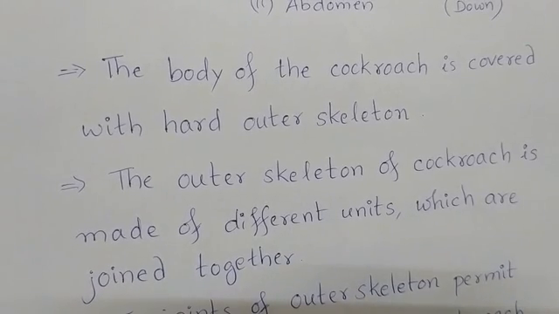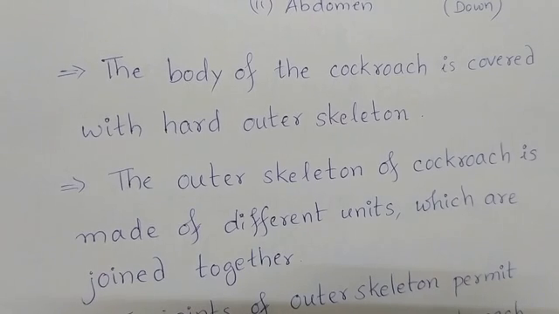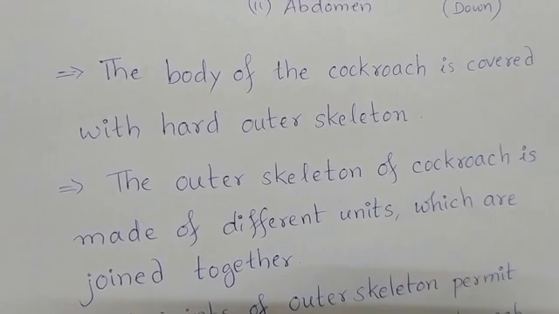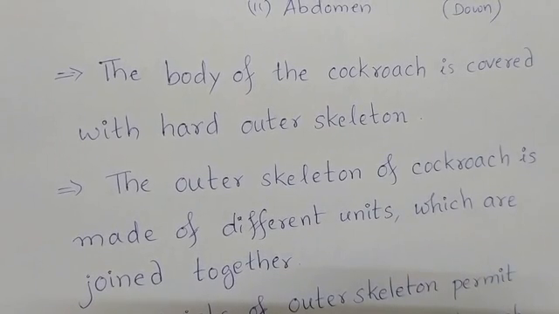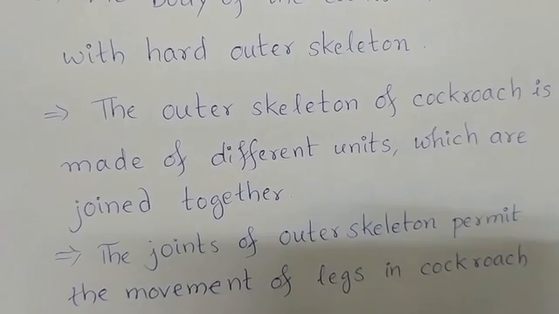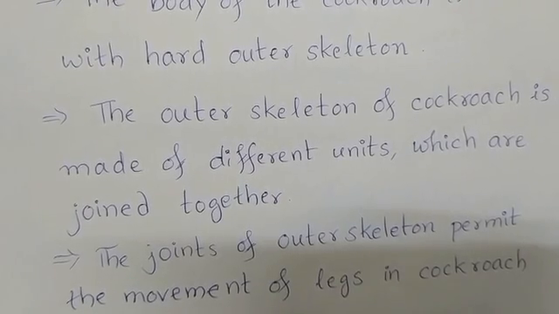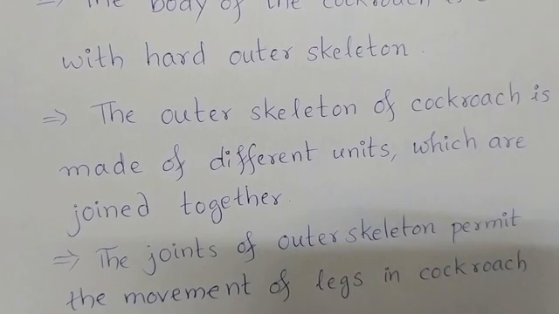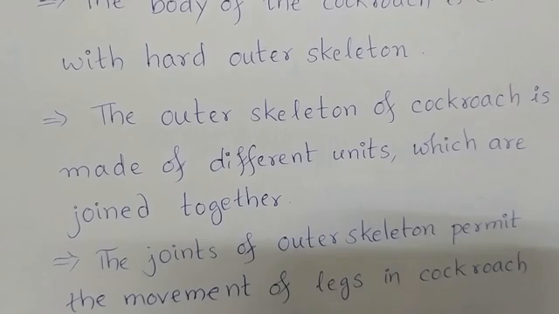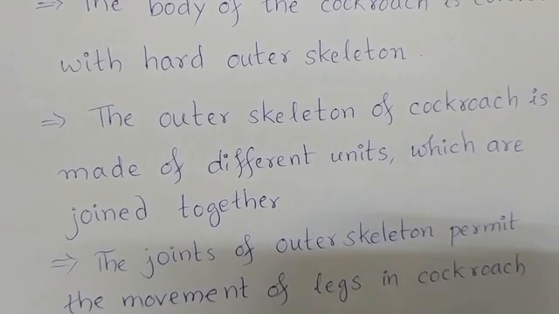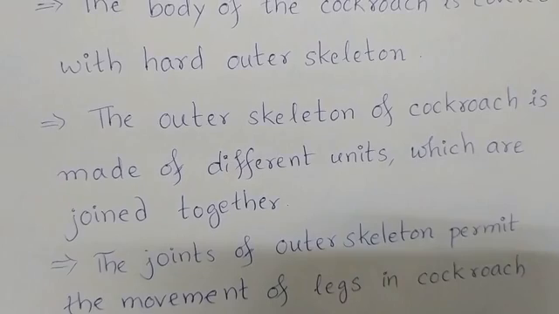Different units are present in the hard outer skeleton of the cockroach, and these units are joined together by some joints. The joints of the outer skeleton in cockroach permit the movement of legs, or simply not even legs, even wings also are there.